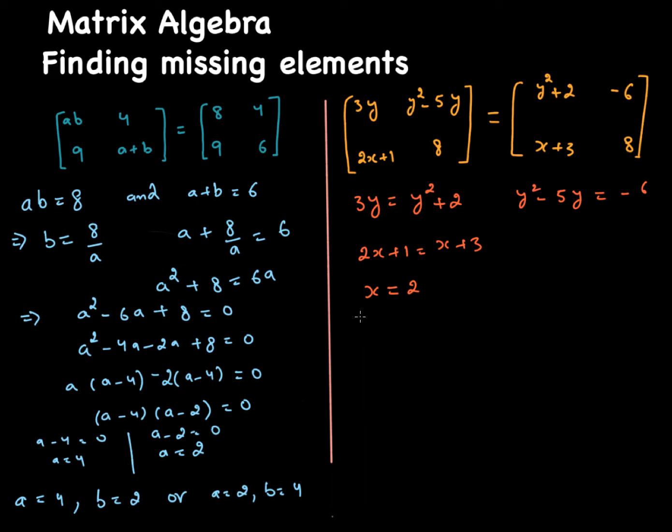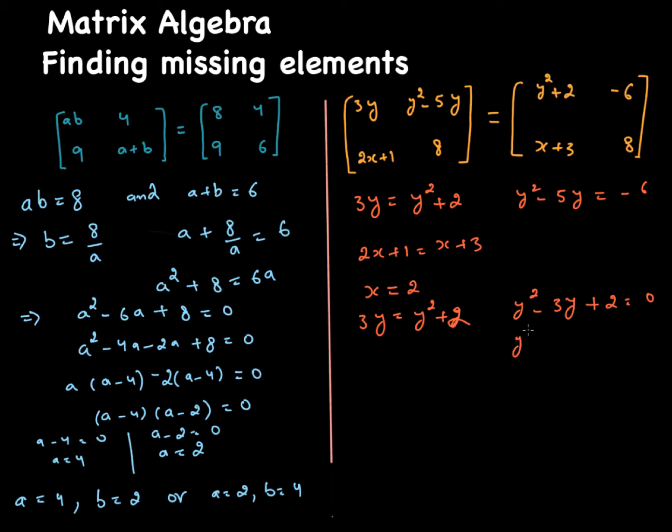So I got 3y is equal to y square plus 2, and if we rearrange it, this will give me y square minus 3y plus 2 is equal to 0. And again, we need to factor the quadratic, so I want you guys to watch my other video to learn how to factor these equations.